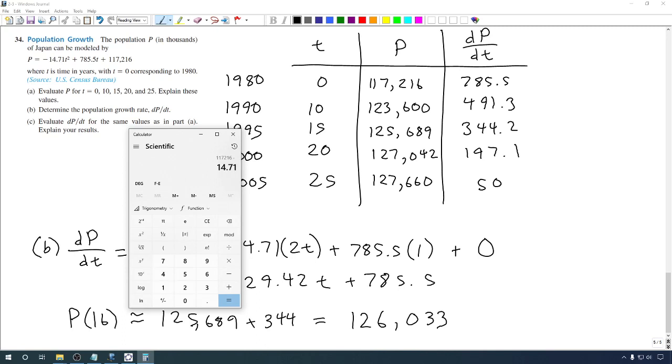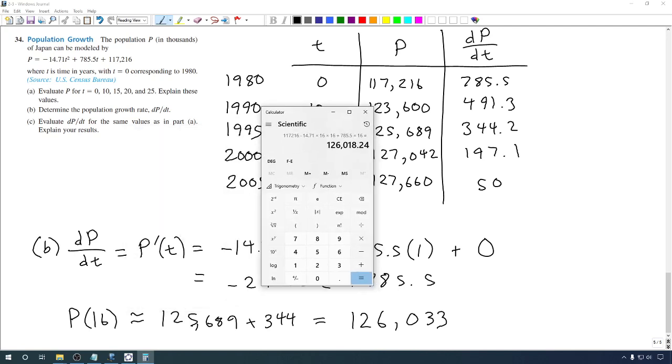So that constant minus 14.71 times 16 squared, I'm just going to multiply 16 twice in there, plus 785.5 times 16, and the exact value of P at 16 is 126,018, if I round it off.